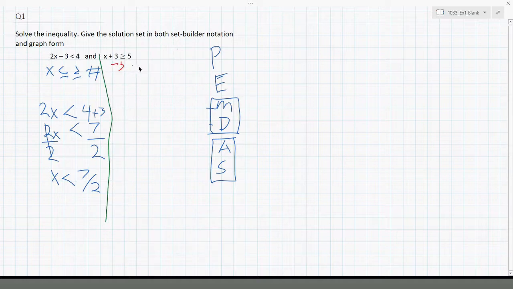Minus 3, minus 3. These two will cancel out, and then we end up with x is greater than or equal to 5 minus 3, which gives us 2. So x is greater than or equal to 2. So we already have two parts of this equation, and we're looking at the fact that it is an and.